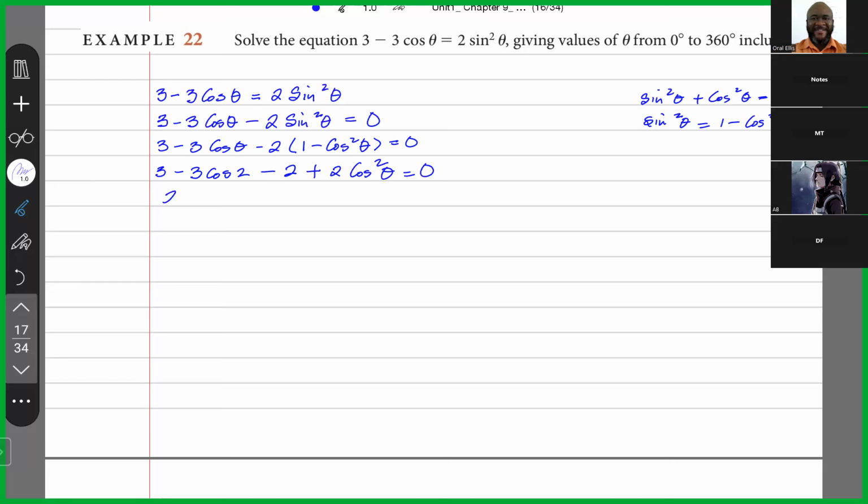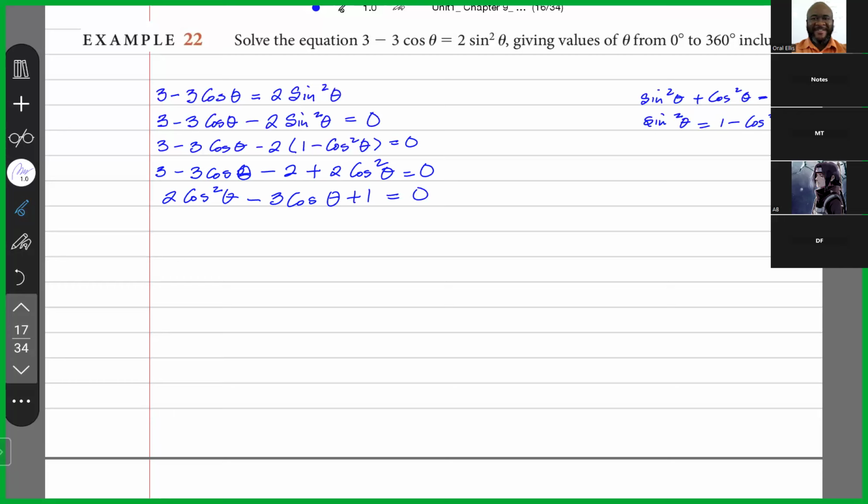Simplifying, I get 2 cos squared theta minus 3 cos theta, and 3 minus 2 is positive 1, is equal to 0.